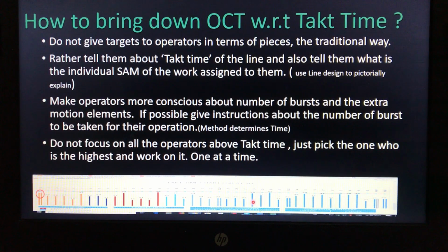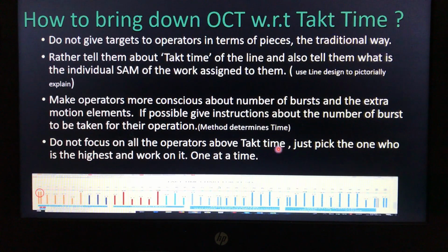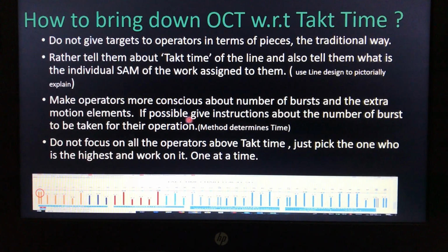So make the operators more conscious about their time, make them conscious about the number of bursts and the extra motion elements. If possible, give instructions about the number of bursts to be taken for their operation.